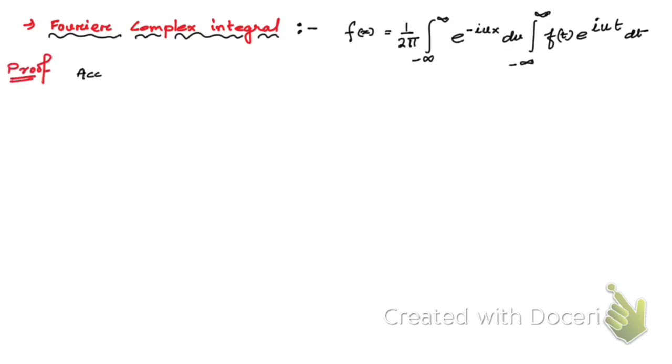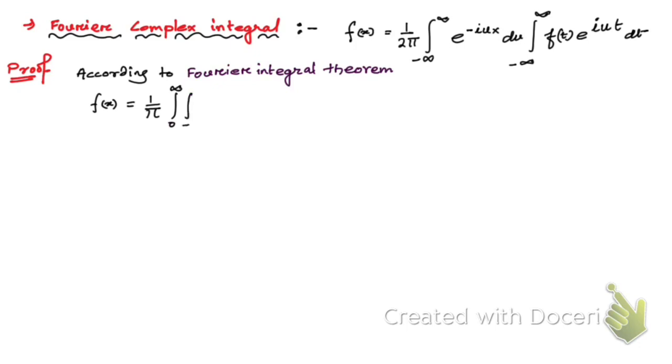In order to prove it, let me write the Fourier integral theorem that we discussed in the first lecture. According to that theorem, f of x equals 1 by pi, double integration from 0 to infinity and minus infinity to plus infinity, f of t cos u(t minus x) dt du, which can also be written as 1 by 2 pi if you change the limit from minus infinity to plus infinity.